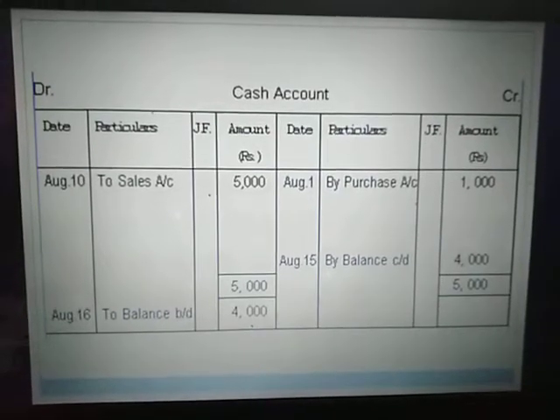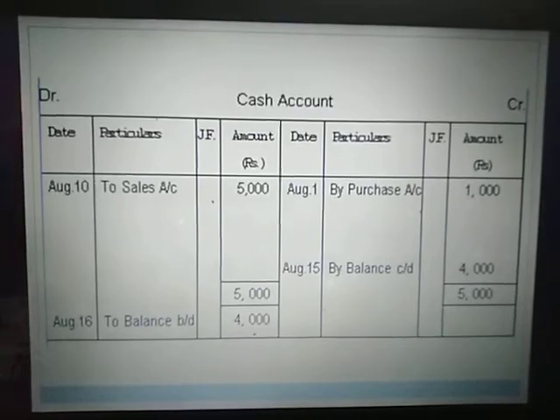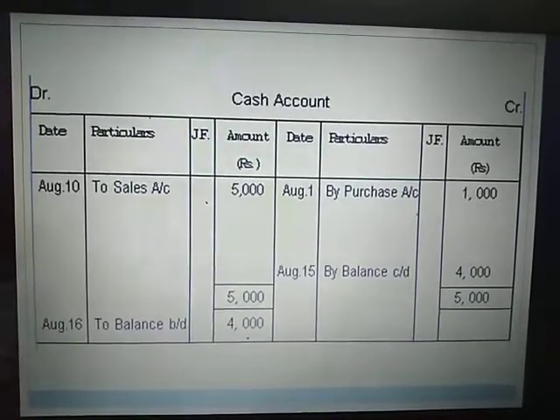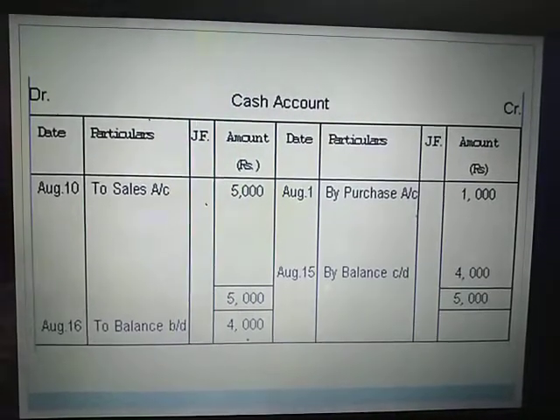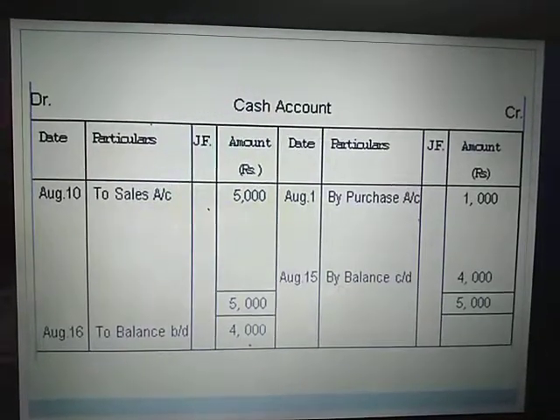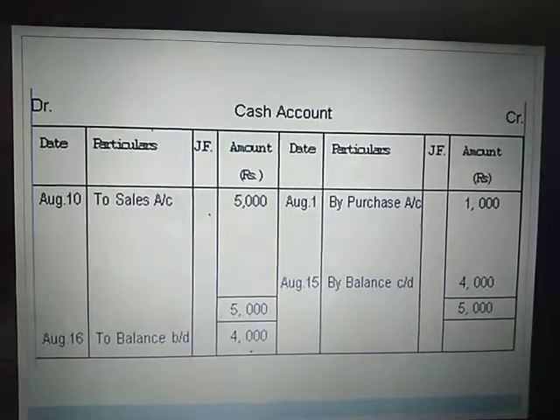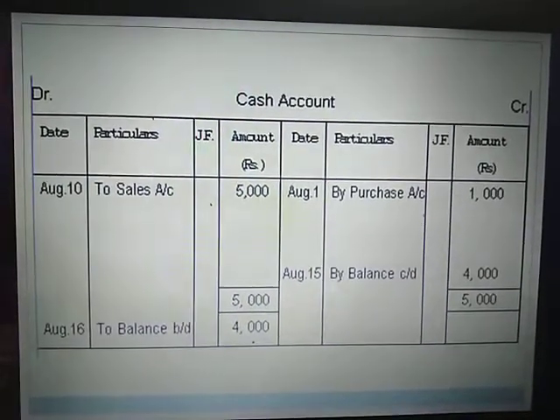Now see here, we have an example of a ledger account, that is cash account, and this is the format of a ledger account. Here we can see that there are almost 8 columns. First is date, particulars, JF, that means journal folio, and amount, and similarly we have another date, particulars, JF, and amount.